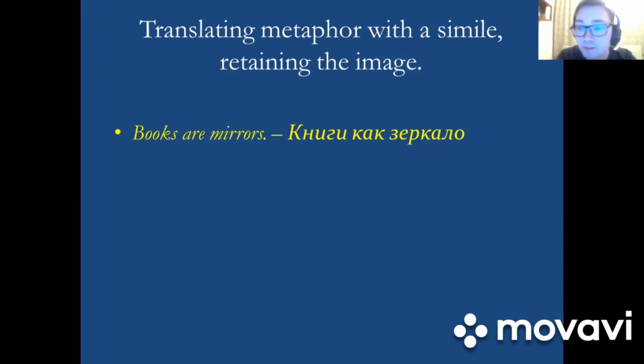And they are quite similar to metaphors, with the only difference that metaphors are realized through identification and similes are realized through comparative constructions. For example, here in translation, you can see the word как is used. So как is translated into English as like. So the books are like a mirror, right?